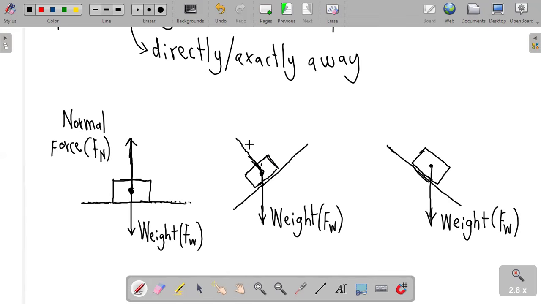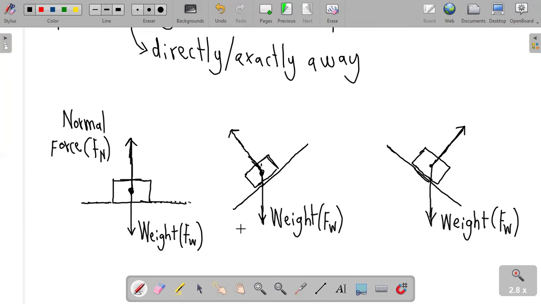So in the third case, the normal force is going directly away from the surface, not parallel or diagonally. It's going directly away.